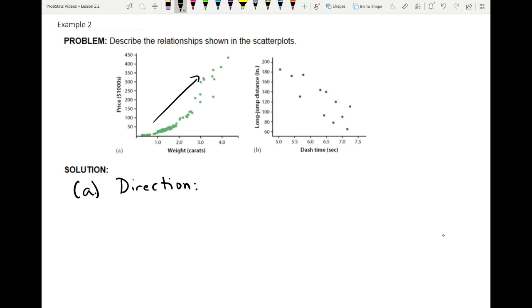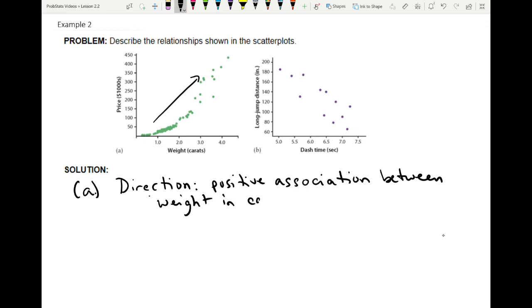So we'll say that there's positive association between the weight in carats and the price. This example is actually talking about diamonds, so we're talking about the weight in carats for the diamond and the price of the diamond.